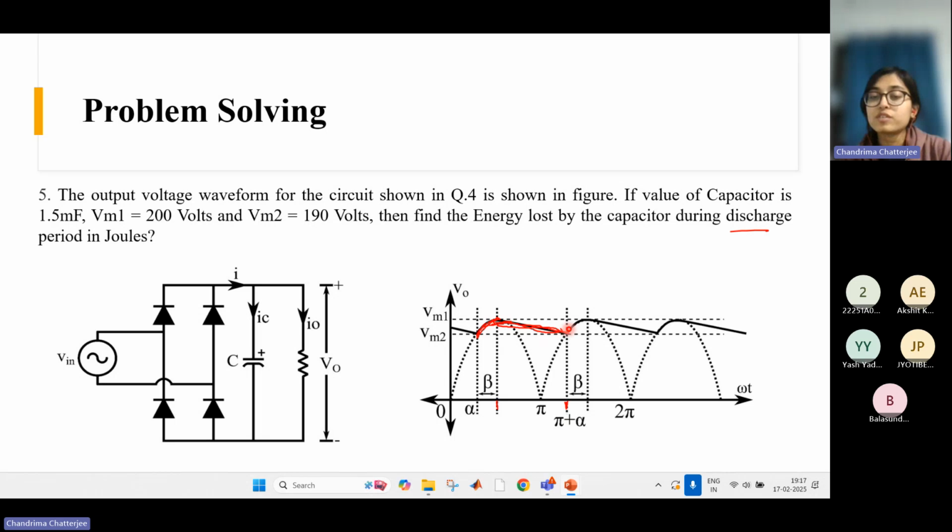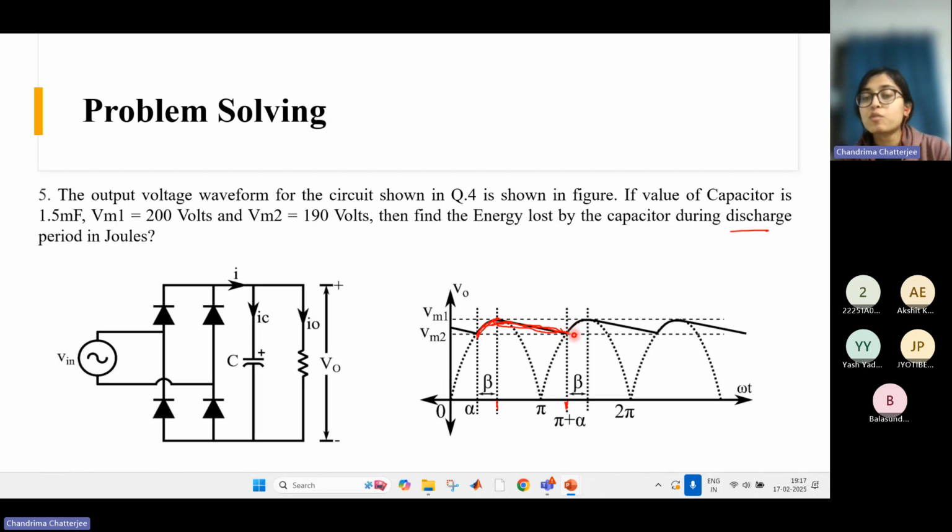Until the next point when again it falls below the supply voltage and it charges, and this cycle follows, right? So here they have given the values of VM1 and VM2, right? VM1 is the peak value. What is VM2? The VM2 voltage value is the minimum voltage of the output, the minimum point of the output voltage, right?